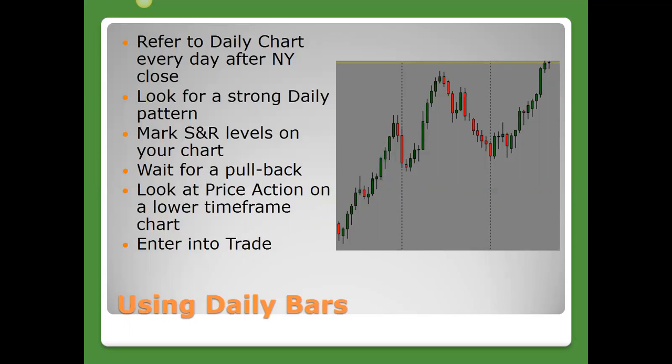The strong players, the big financial institutions and big hedge fund managers, don't trade from smaller time frames. They may get into the trade on a smaller time frame, but they tend to hold their trades over a longer period of time.